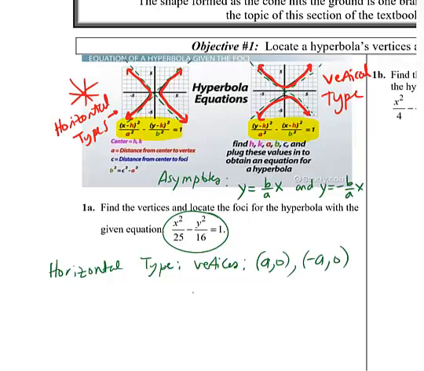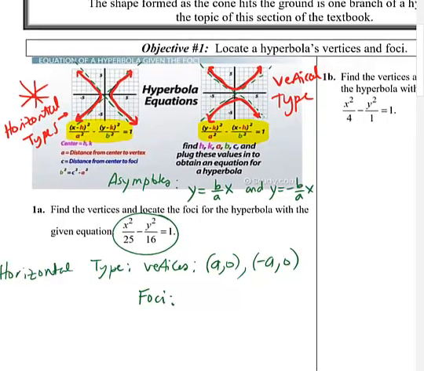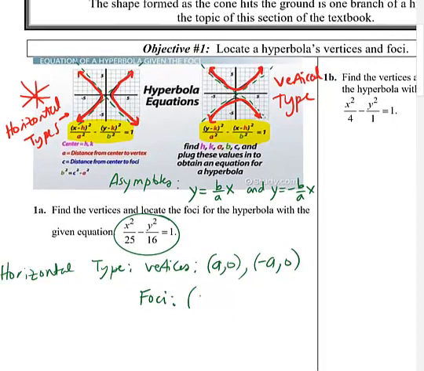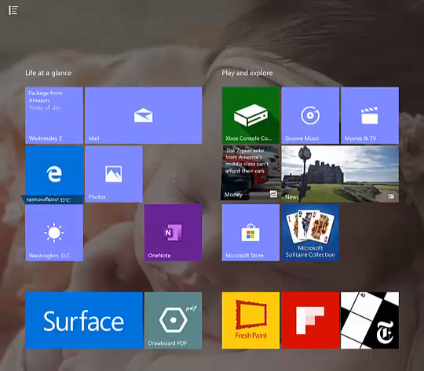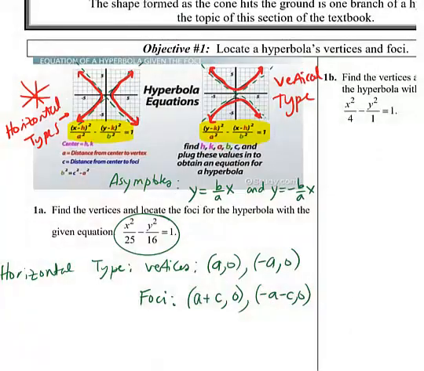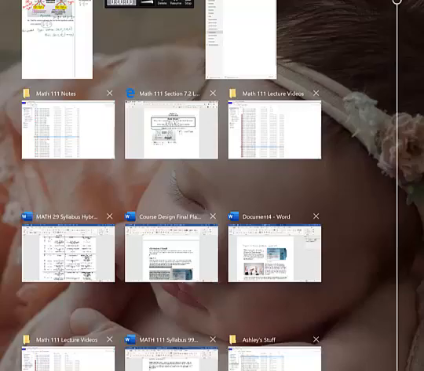The foci are a little more complicated. Foci should be located at a plus c, comma 0, and negative a minus c, comma 0. Oh, fudge. Sorry about that.